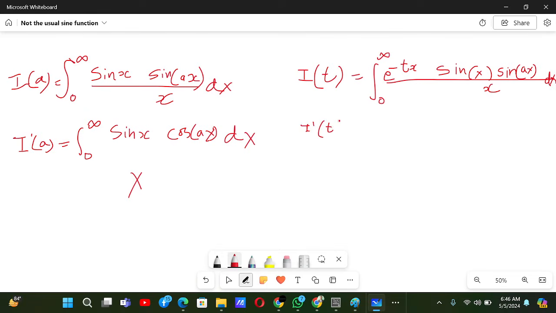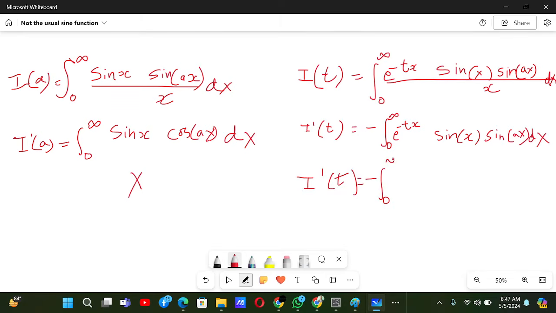We will get a negative sign, integral from 0 to infinity of e to the power minus tx times x, and the x cancels out. So e to the power minus tx, sine x, sine of ax dx. And now if we change this product to a sum, we will not get into trouble, because we can use the Laplace transform, which we can do for trigonometric functions like sine and cos. So now we will not be in trouble, and let's see how we can proceed.